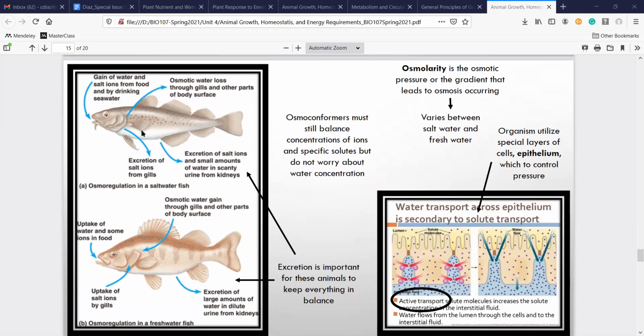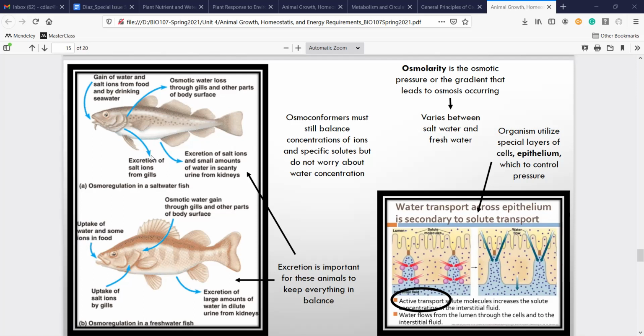So it's naturally going to have its homeostasis thrown off by extra water and salt. So what is it going to do? It's naturally going to lose water because there's so much salt in its environment, because it's being exposed to it. So what does it do? It excretes extra salt. So it's trying to change that concentration in its body.